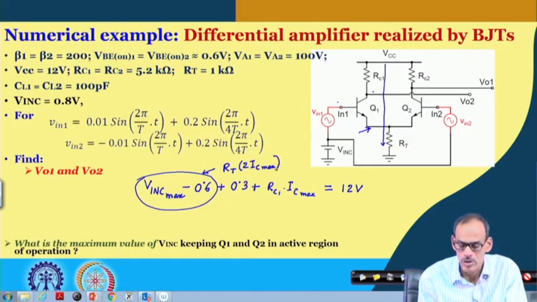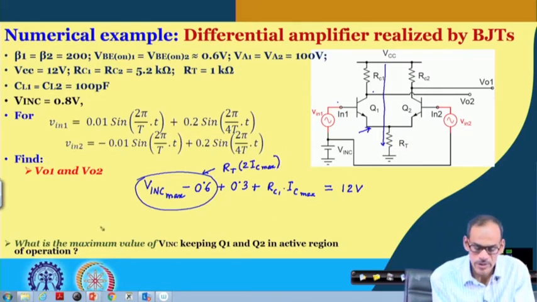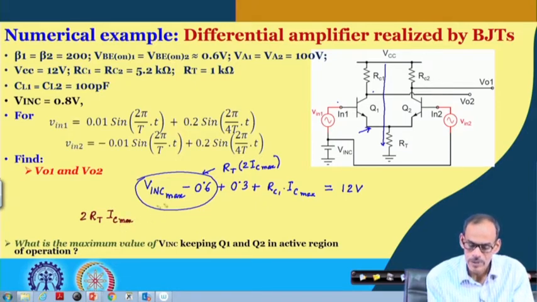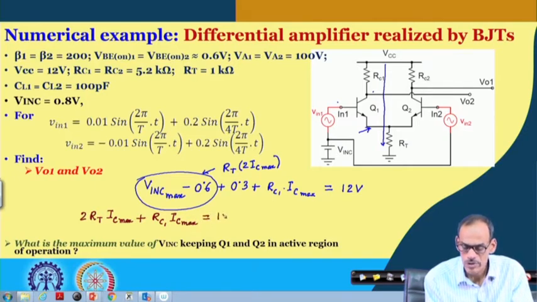they are equal. So, if I rewrite this equation, what we are getting here, it is 2 times RT into the limiting current IC max plus RC1 into IC max equals to 12 volt minus this 0.3.